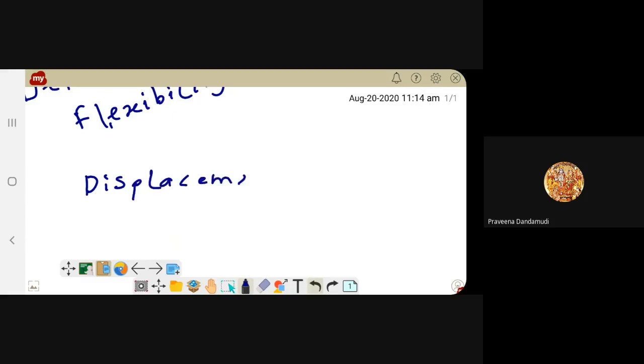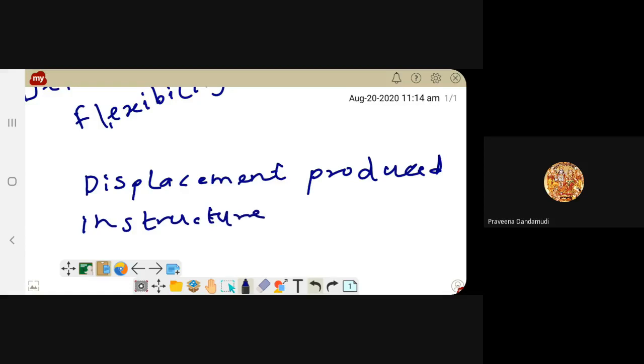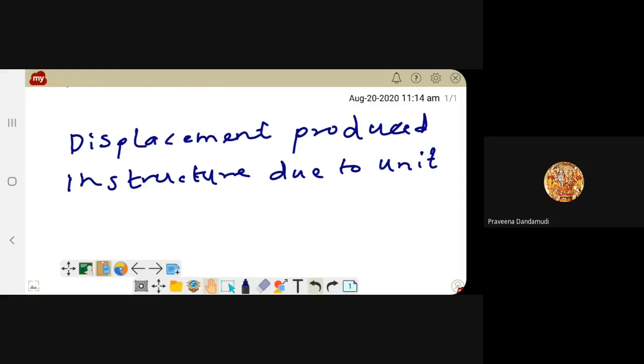Displacement produced in the structure due to unit action being observed.